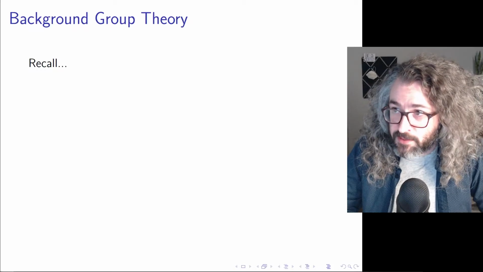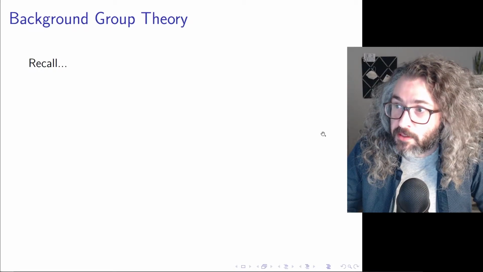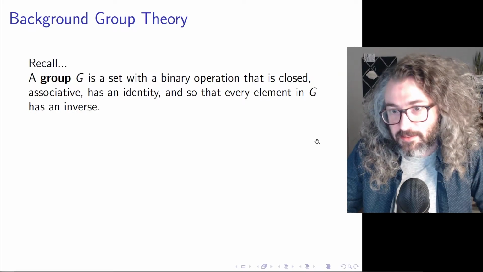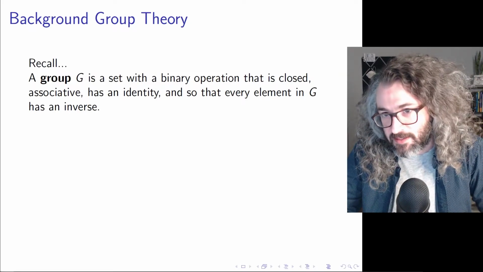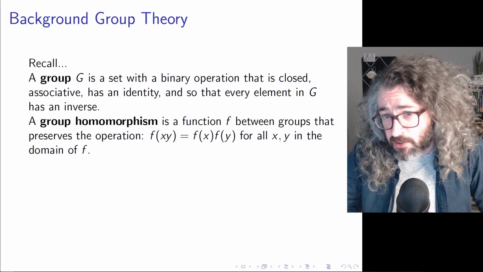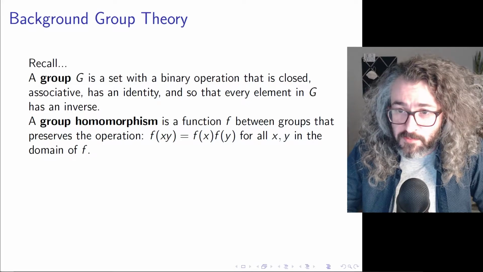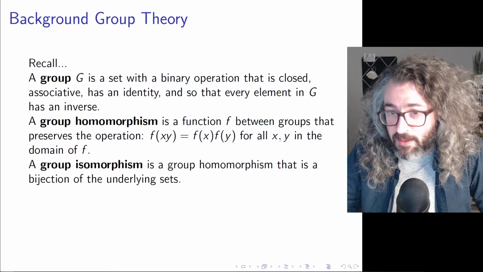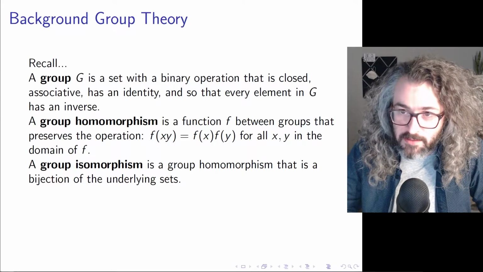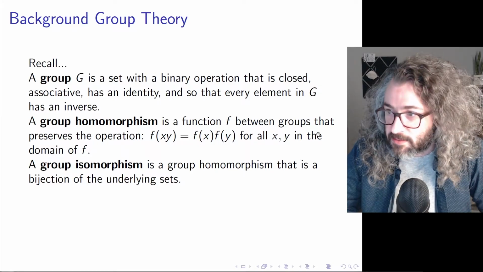First, let me just remind you a little bit about group theory. So a group is a set with a binary operation that's closed, associative, has an identity, and has inverses. A group homomorphism is a function between groups that preserves the operation. And a group isomorphism is a group homomorphism that is a bijection of the underlying sets.